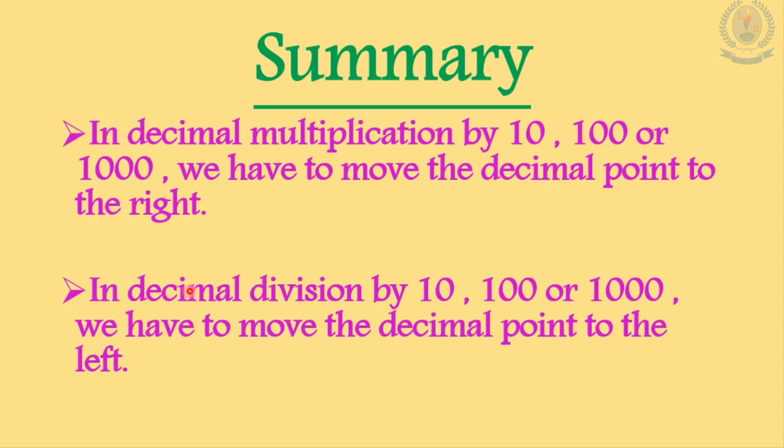In multiplication of decimals by 10 or 100 or 1000, we have to take the decimal place to the right hand side. In decimal division by 10, 100 or 1000, we have to take the decimal place to the left hand side by 1 or 2 or 3. That depends on the number of zeros, right?